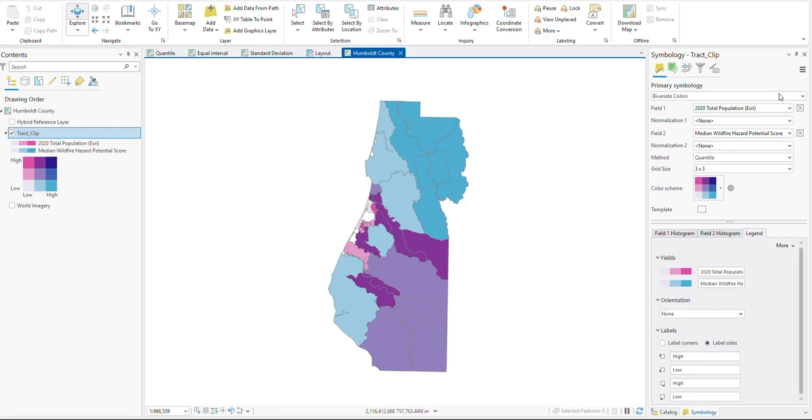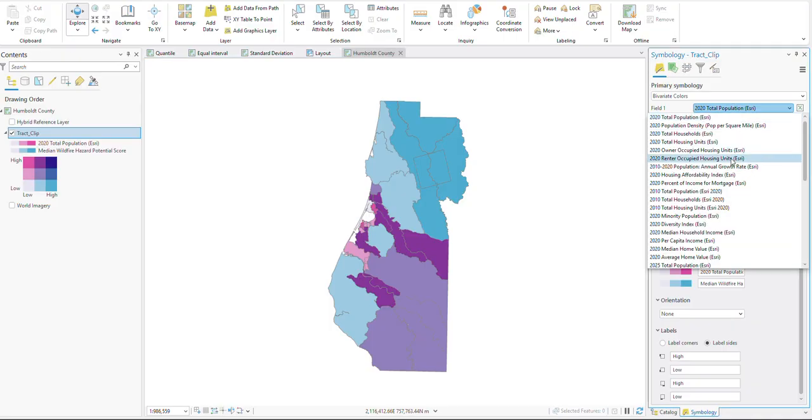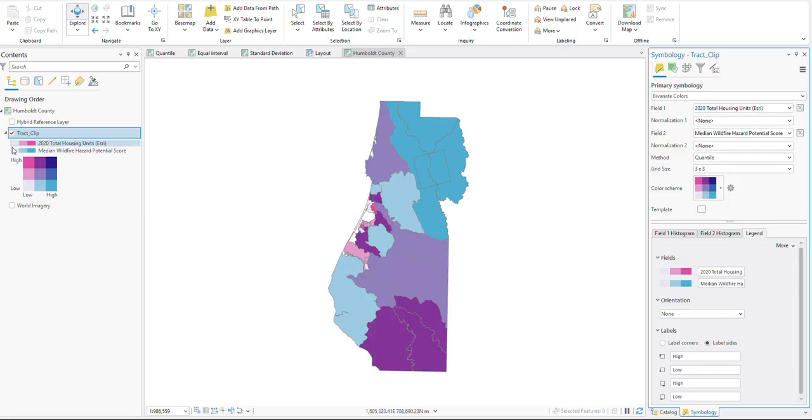You can use this population wildfire relationship if you want. You can change this to some other sort of demographic characteristics that you might find more interesting. So let's say we're more interested in housing units and like total amount of housing infrastructure, right? We can change that, and then we still have that mixed with wildfire risk.